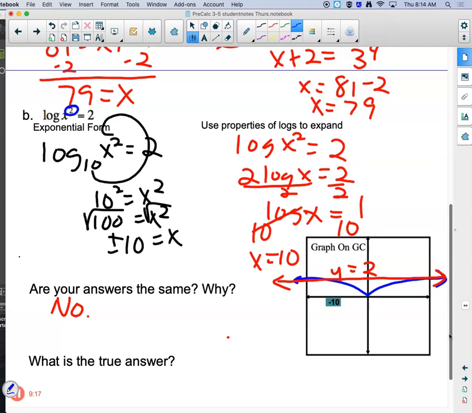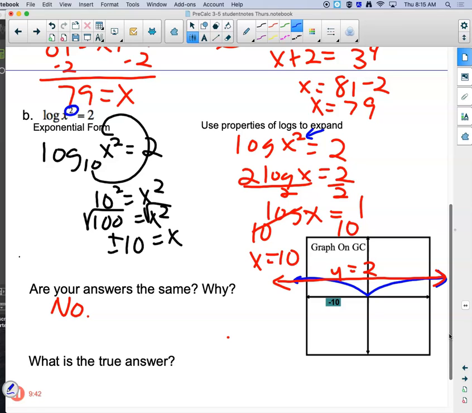As I look at the problem, I see that it had x squared. That's a quadratic. Quadratics are degree 2 polynomials, which means we should expect two solutions. And we did get two solutions. But over here, when we expanded and we took that 2 away from the power and used it as multiplication instead, we were losing one of those.